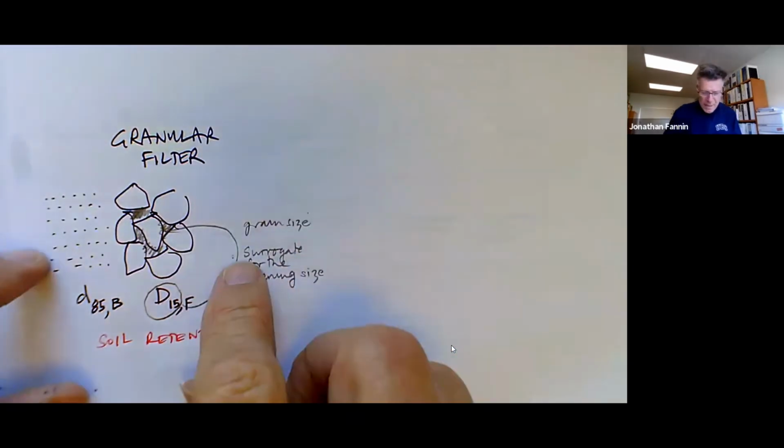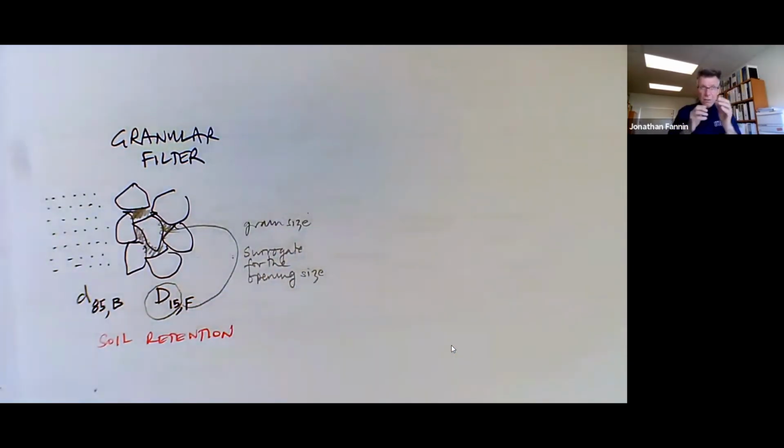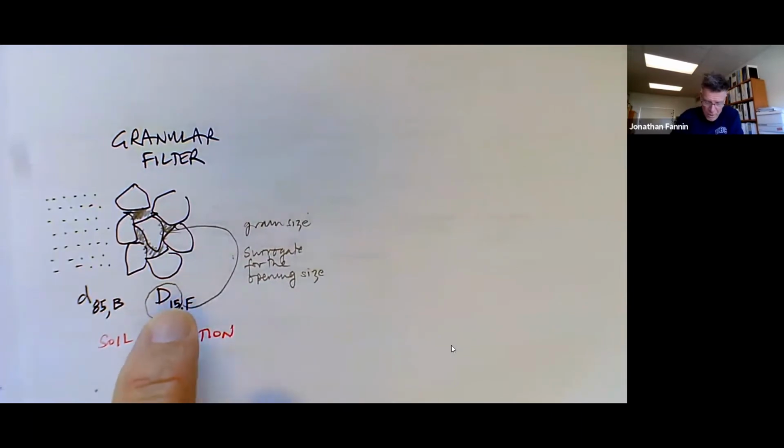And subsequently to that, granular filter design has started to classify the base soil into certain categories. A nominal go-to design guide, chapter 26, design manual. We'll touch base on this as we get into the design side, but we're matching this as a surrogate.